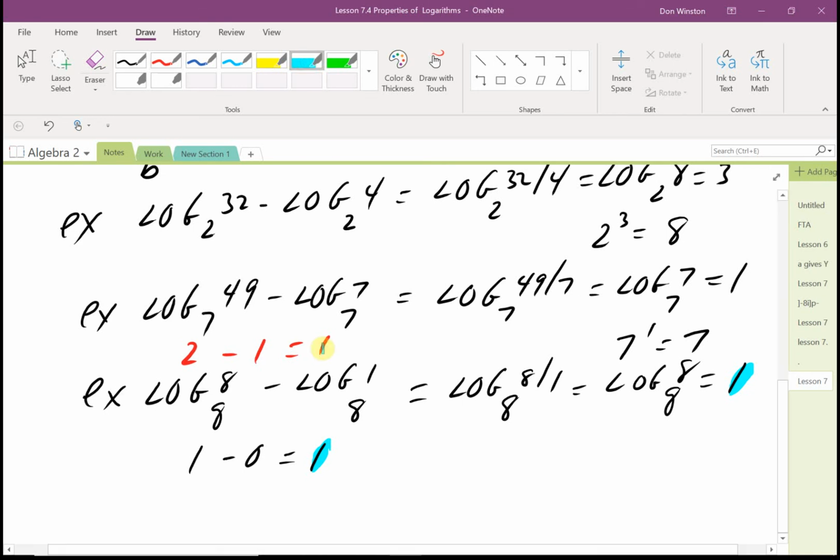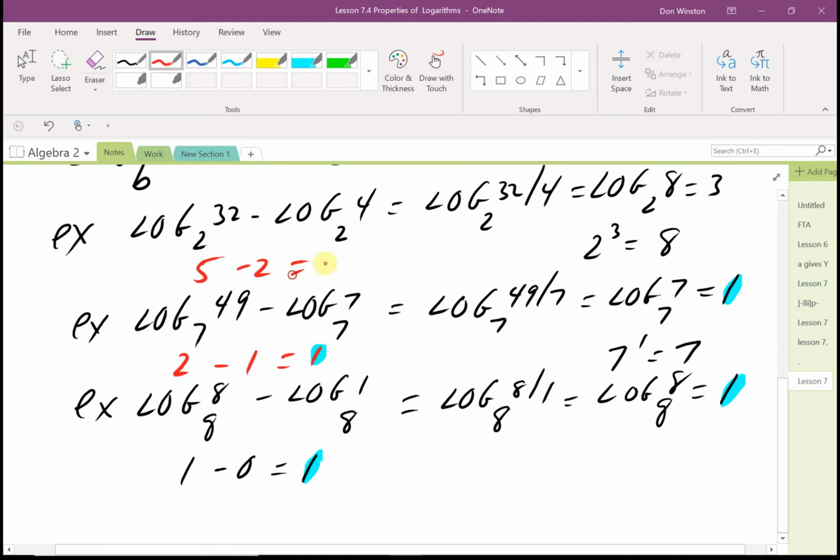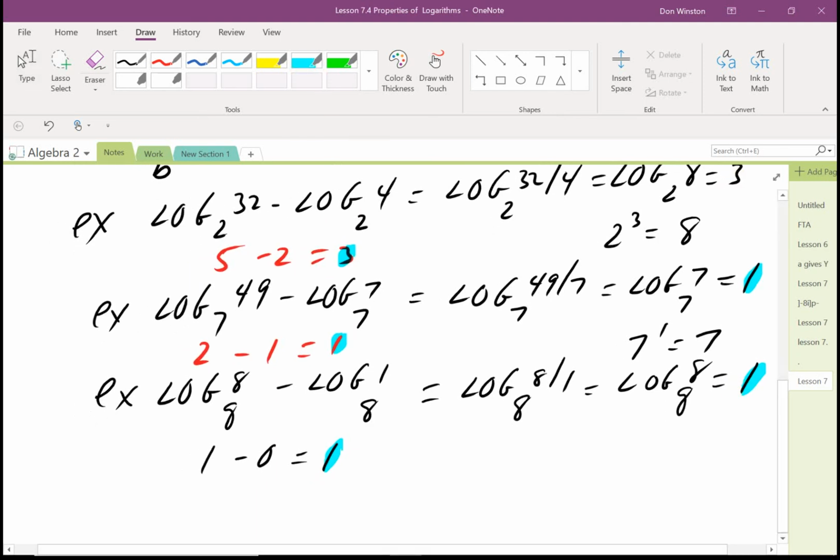Again, the same answer we got before. And then log base 2 of 32 is 5, minus log base 2 of 4 is 2, and 5 minus 2 is equal to 3. Again, the same answer we got when we did division.